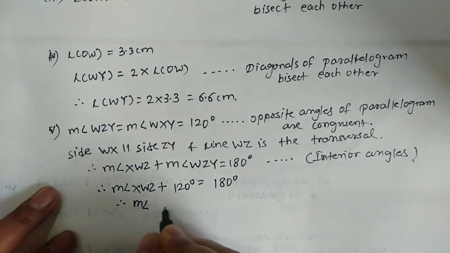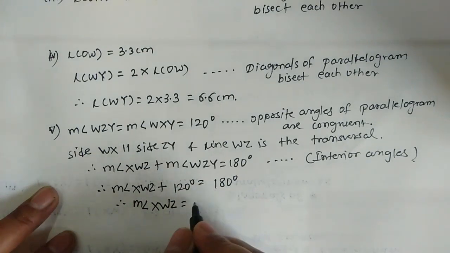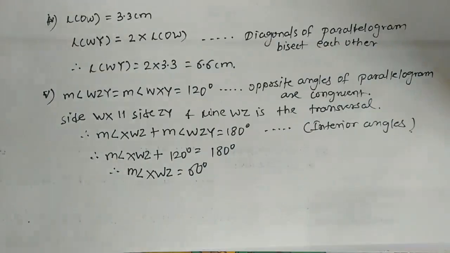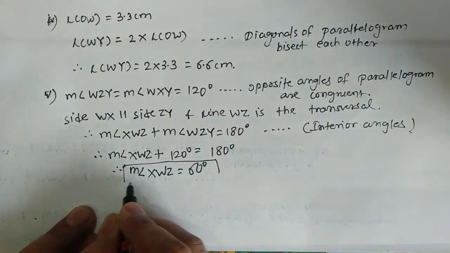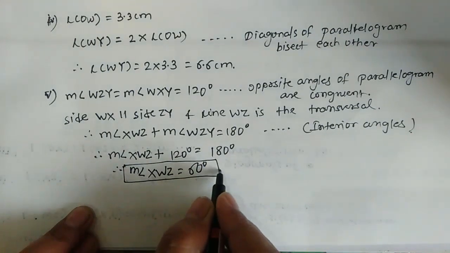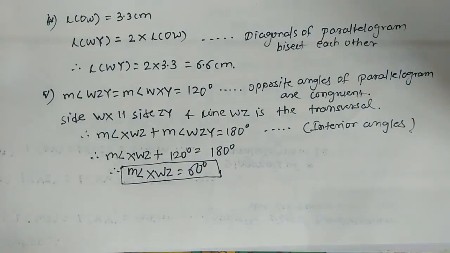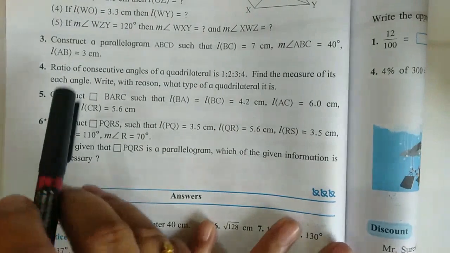Therefore, measurement of angle XWZ is equal to 60 degrees. In this way we got the values of all the quantities asked in this question. Understood? See the next question.